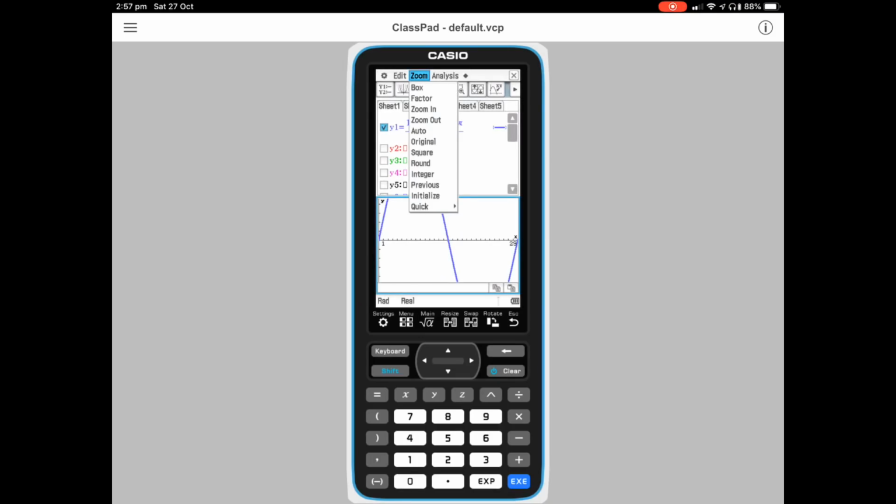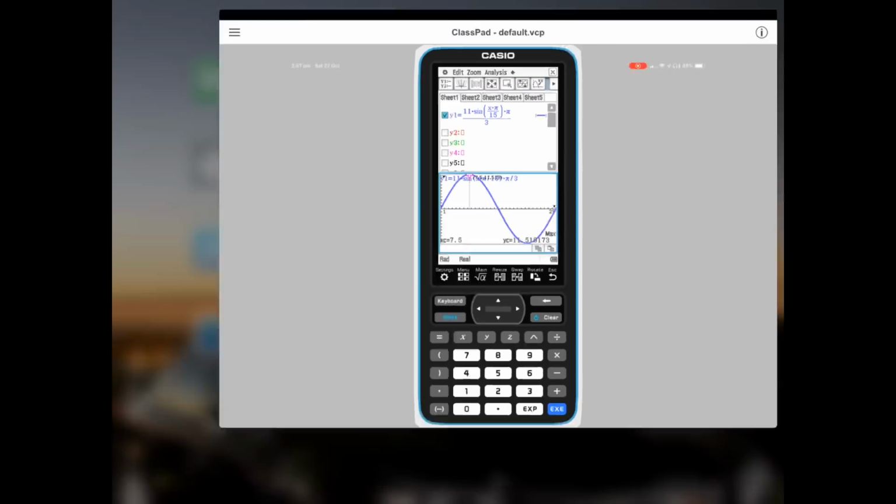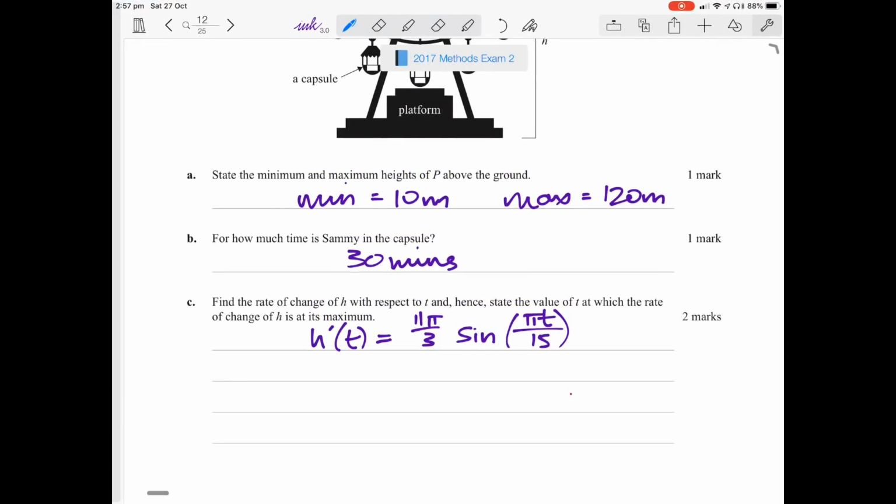Zoom auto. Do solve max. So 7.5. That's when it's got a maximum. And hence state the value for which it's a maximum. So we found the maximum of that. T equals 7.5 minutes.